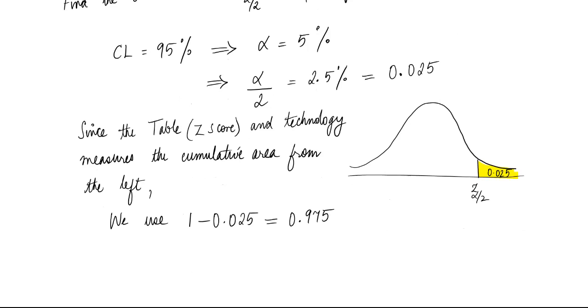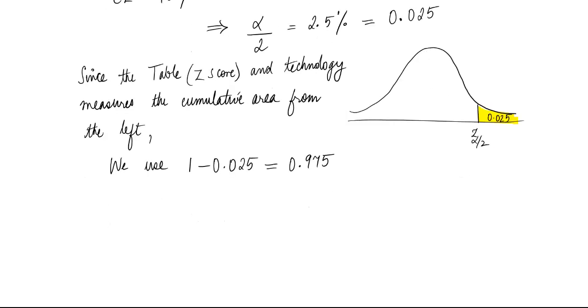Okay. Now use 0.975 to find the corresponding z value. Okay. So I'll say 0.975 corresponds to z equals 1.96. Okay.